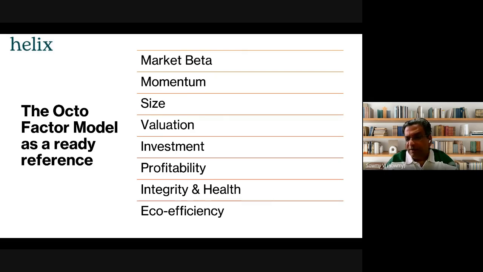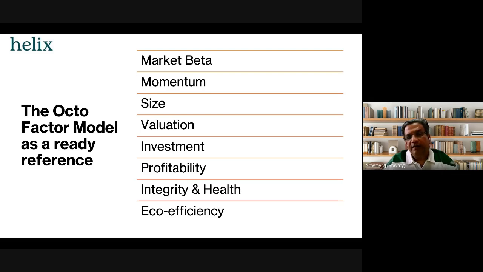We will talk a little bit about eco-efficiency today, but there's another session on the triangular conflict that comes up in the later part. And we touched upon integrity and health to a small extent as part of a session on debt.